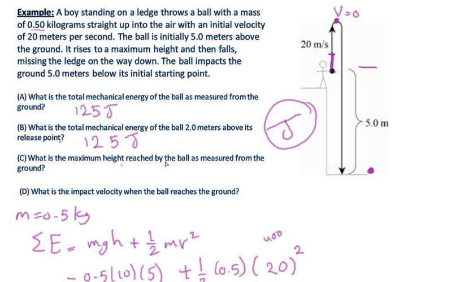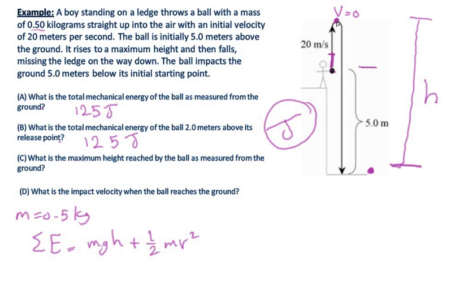What is the maximum height reached by the ball as measured from the ground? Now we need the height at this point, where we know the velocity is 0. So to calculate the height at this point, let's apply the formula of sigma E again at this point, but here we know the value of sigma E. So we can find the other variables.